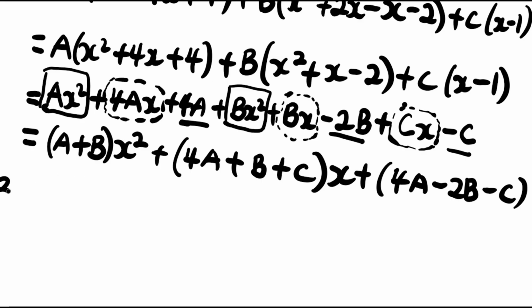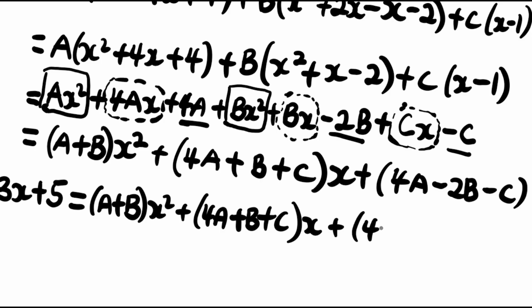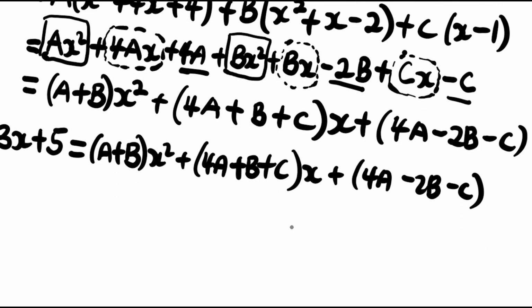So I'm going to have 3x plus 5 be equal to, now, a plus b x squared plus into bracket 4a plus b plus c multiplying x plus 4a minus 2b minus c. So you can see that, now let's compare both sides.